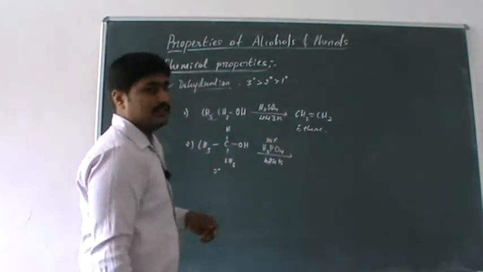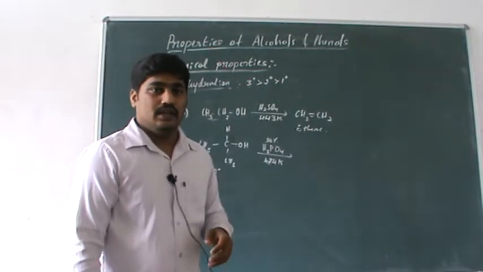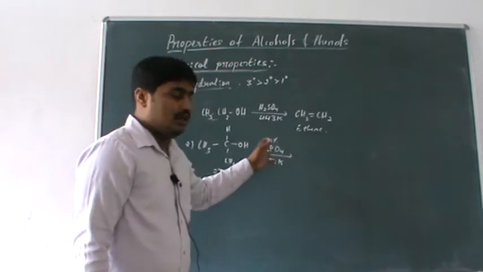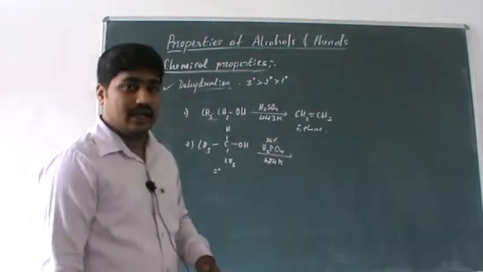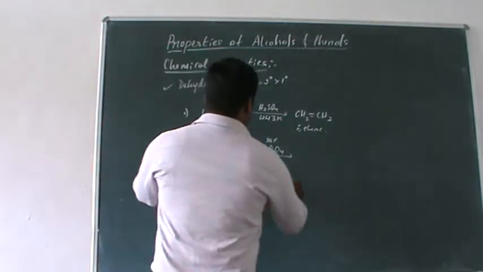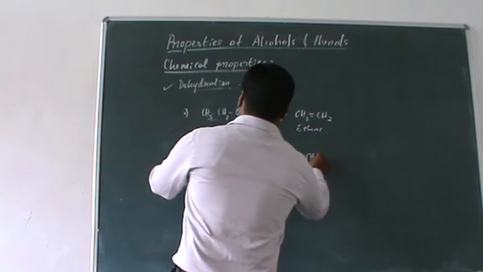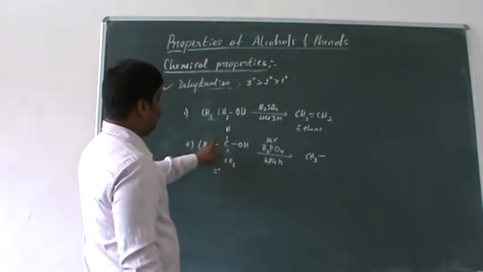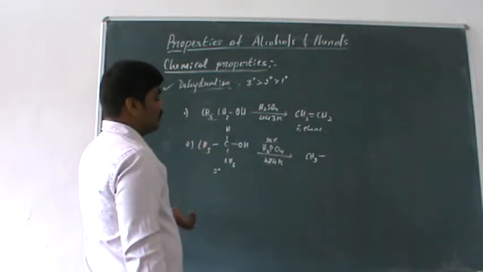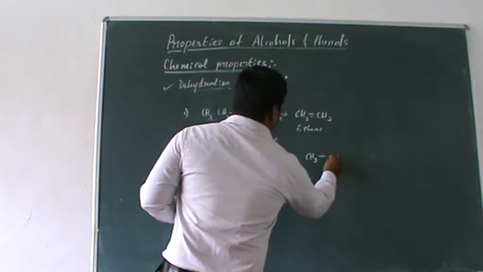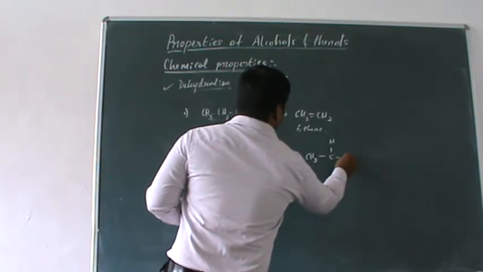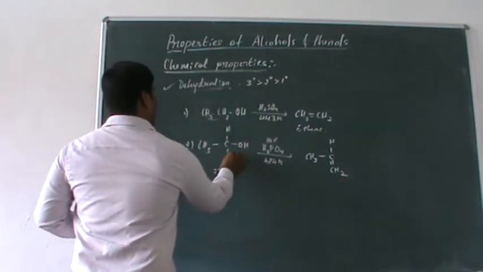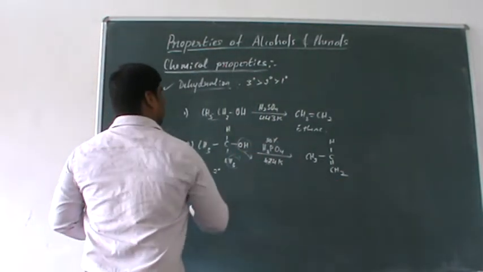What do we mean by 80% phosphoric acid? The other 20% is water, so it is diluted. Then it gives CH3, how? Between this carbon, one hydrogen is eliminated, giving CH=CH2. The hydrogen of this and the OH of this are eliminated.